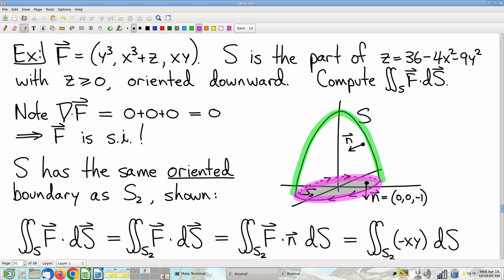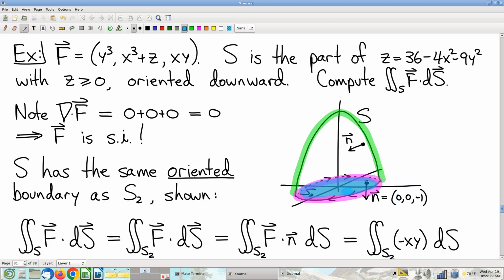What's my favorite surface that has this curve down here in the XY plane as its boundary? I guess that's an ellipse. Everybody's going to have different personal preferences. I like whatever's the easiest. I'm going to pick that blue flat surface right there. Everybody see my motivation?